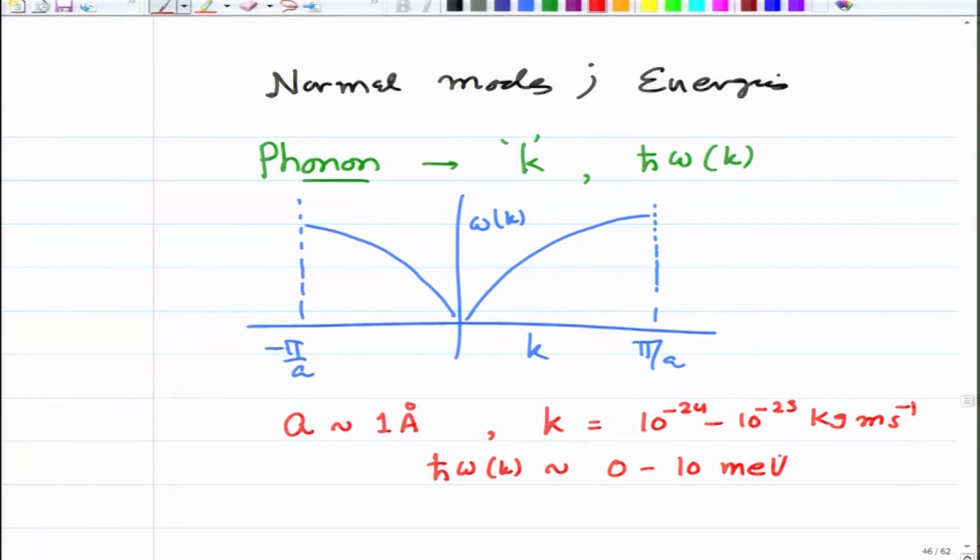So, if I want to study in a crystal what the frequency is and what k is, I should be able to excite a mode with k and see the energy loss or energy gain during the process.